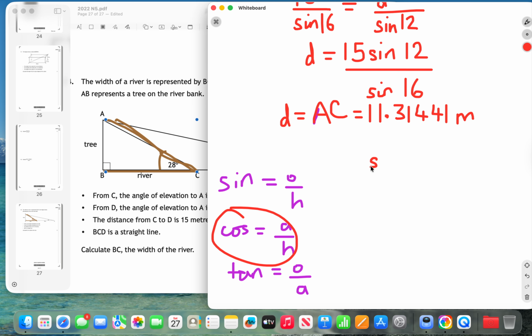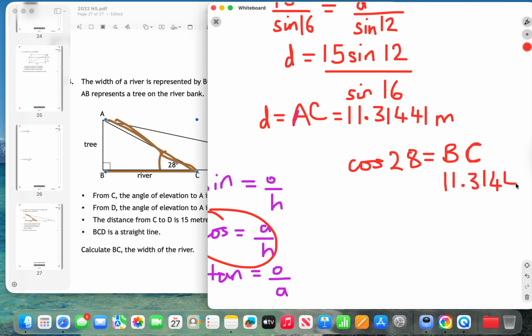So the cosine of the angle 28 is the adjacent, BC, over the hypotenuse, 11.31441. So BC is divided by 11.31441, so you want to multiply by 11.31441, because the division and the multiplication will cancel each other out.